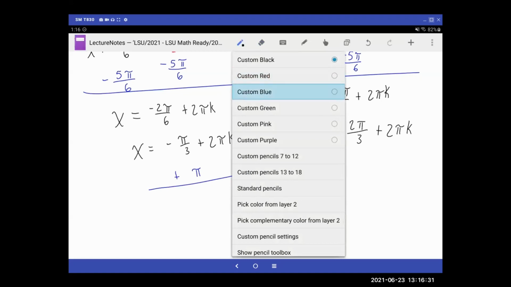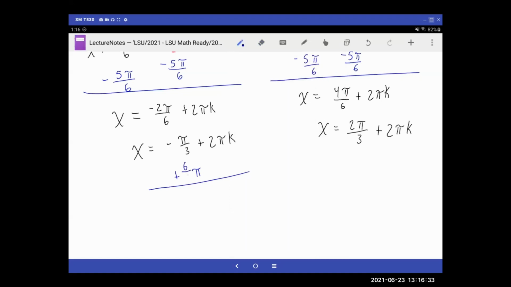That's the same thing as 6 pi over 3, which is the same thing as 2 pi. So we're adding a rotation. So there we go.